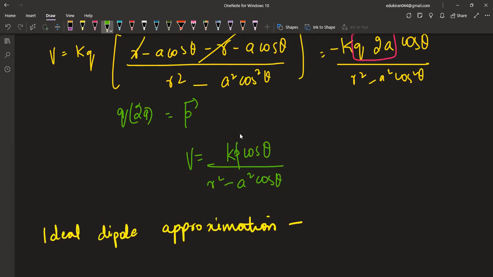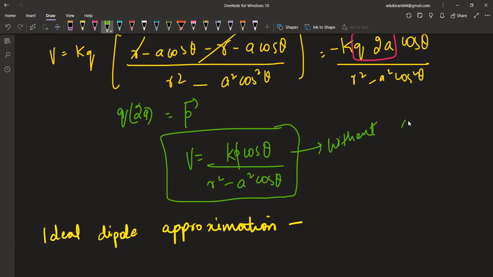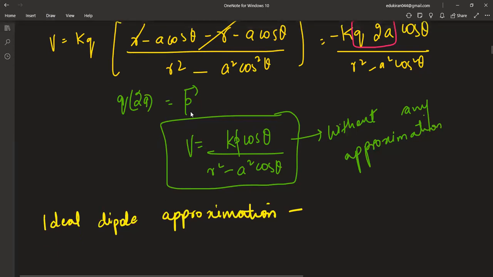So if it is negative charge, it will automatically become negative, and if it is positive charge, it will come positive. This is without any approximation. Without any approximation means no conditions are given. You will use this formula as it is.